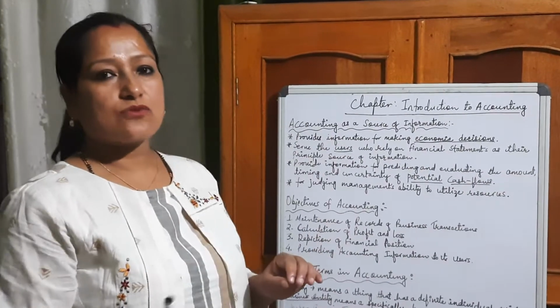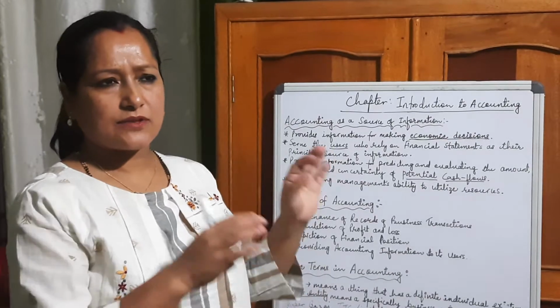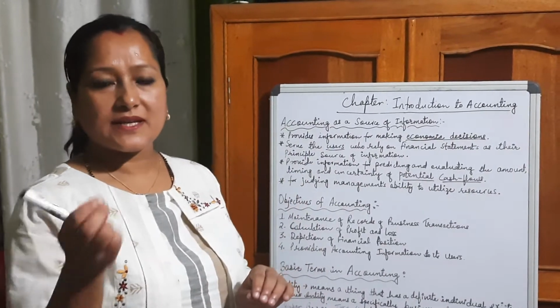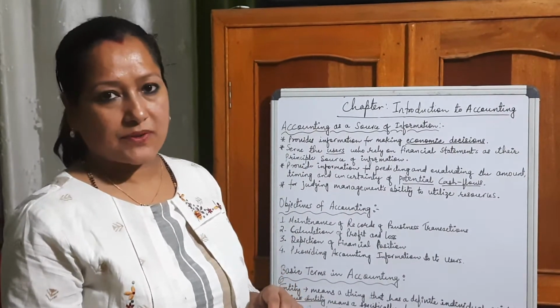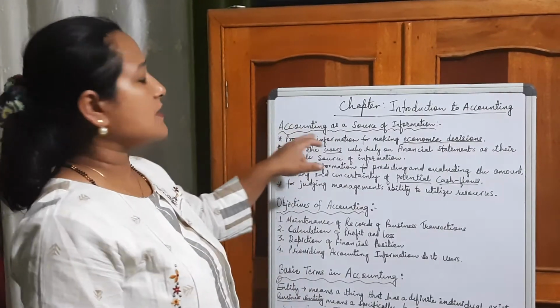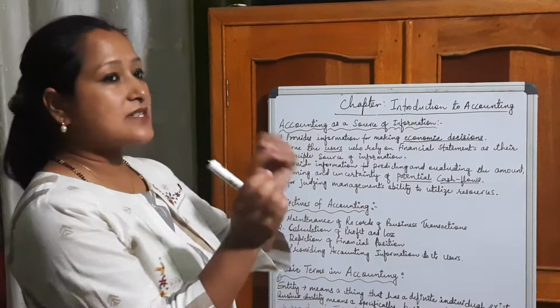Like in school you get a progress report, isn't it? After you learn one whole year, you get a statement, that is the progress report. Similarly in business, after doing the whole accounting process, the result will be there.